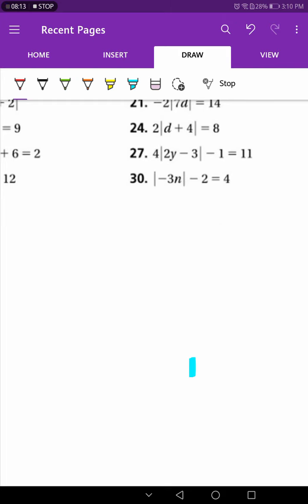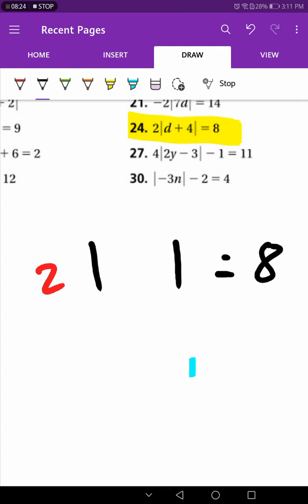We are here, my dear student. It is 2 multiplied by the absolute value of d plus 4 equals 8. As you know, you try to make the letter alone.